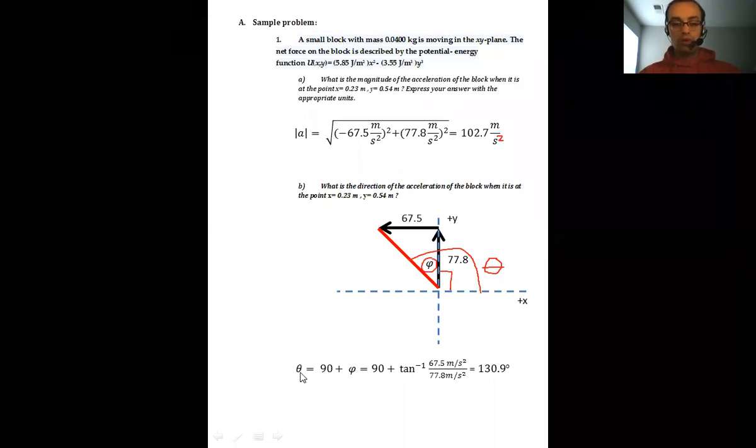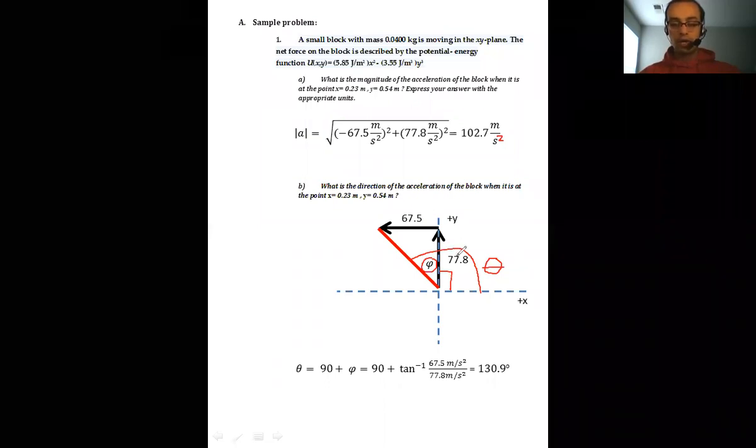So theta equals 90 plus phi, which is 90 plus the tangent inverse of the opposite over adjacent. So opposite is 67.5, adjacent is 77.8. So we take that tangent inverse, and we find that this angle theta is 130.9 degrees.